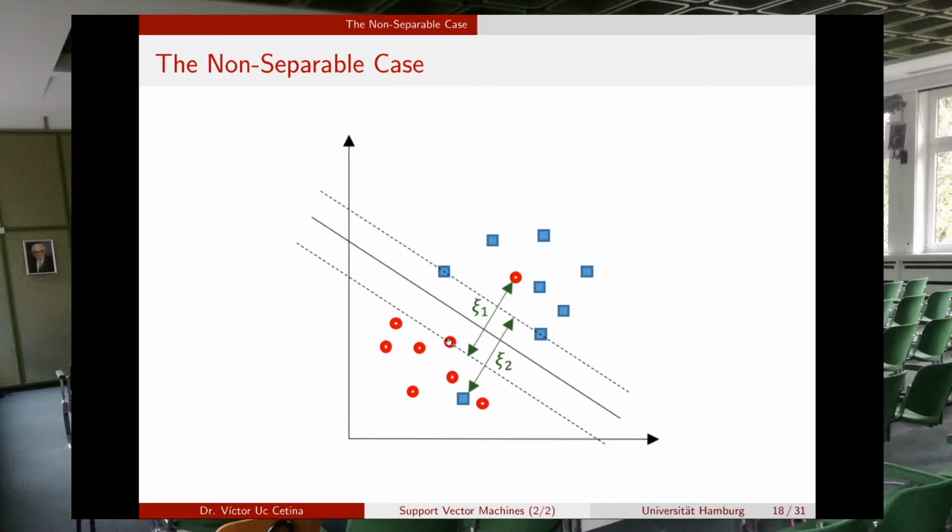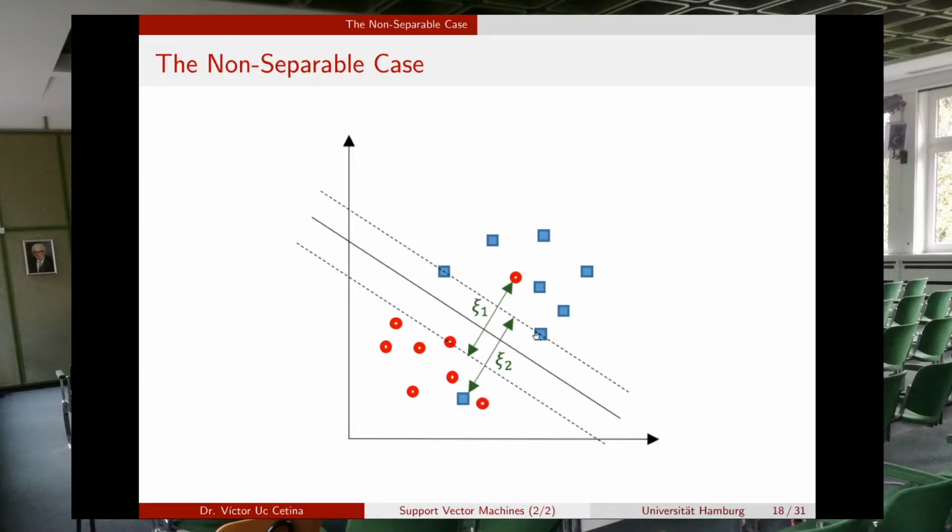Of course, points that are well located beyond the support vector won't have any impact in the optimization of the problem, because here we are considering all those points that are outliers. So in this case, you see this blue square, and you can compute the distance from the region of the support vector machine of its same class, which in this case are the blue squares.